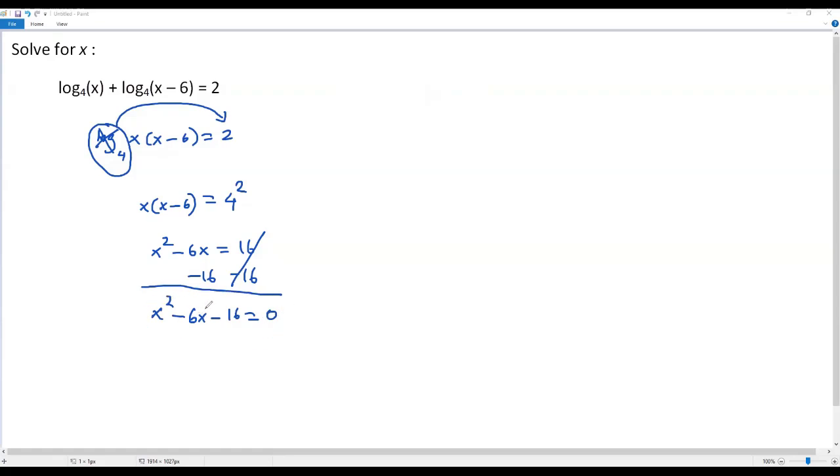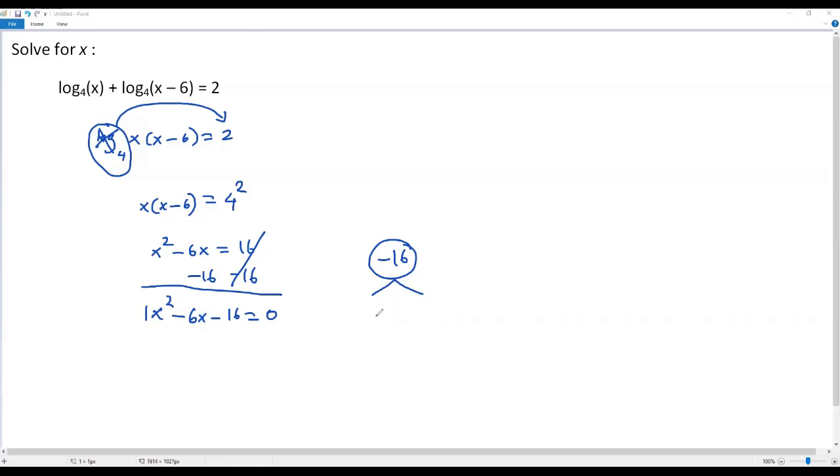Now I think this quadratic equation can be solved by factoring. For that, we multiply the constant term negative 16 by the coefficient of x squared, which in this case is 1. I'm still getting negative 16. Now I have to find two factors of negative 16 whose sum is equal to the coefficient of x, that is negative 6.